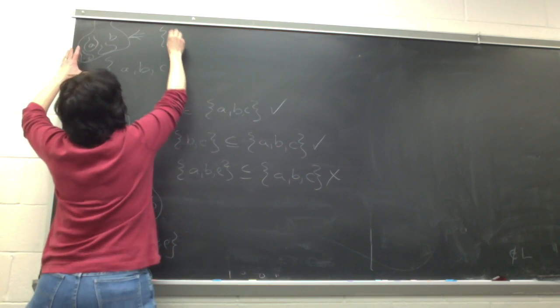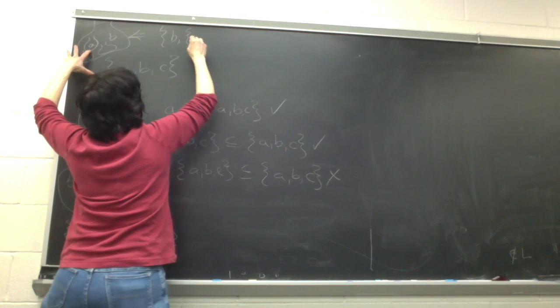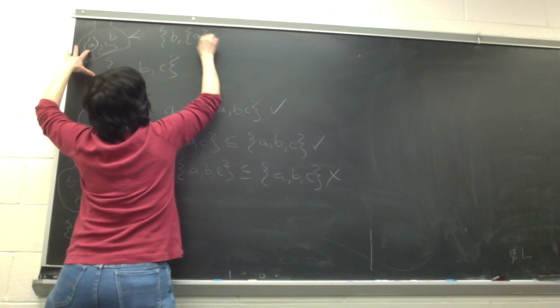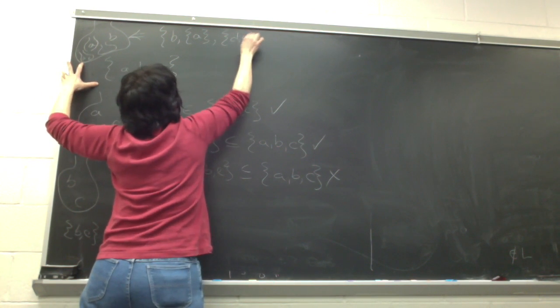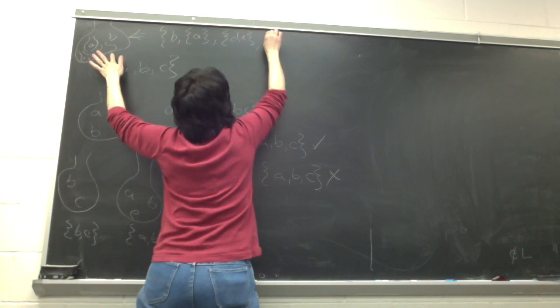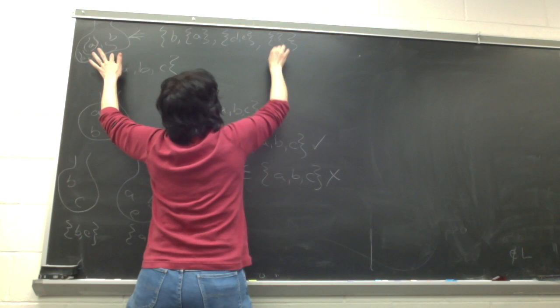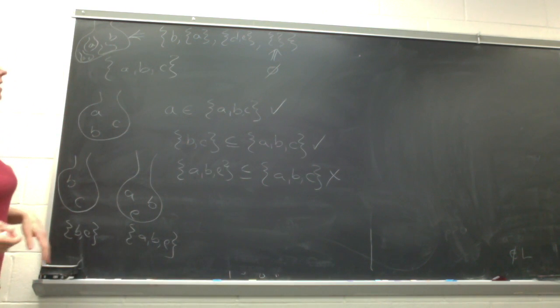Well, I have a B by itself. I have a sack with just letter A in it. I have another sack with the letter D and E in it. And then I have a sack with nothing in it, which I could also refer to using our shorthand as the empty set.